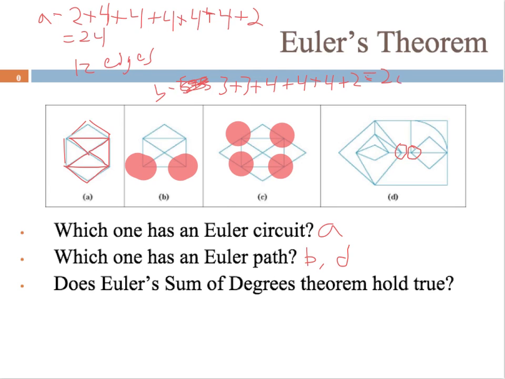And that's going to come out to be 20. And there are 1, 2, 3, 4, 5, 6, 7, 8, 9, 10 edges in B. Alright, so that holds true for A and B. And I'm just going to go ahead and stop there. You're welcome to try it for C and D, but it should work.